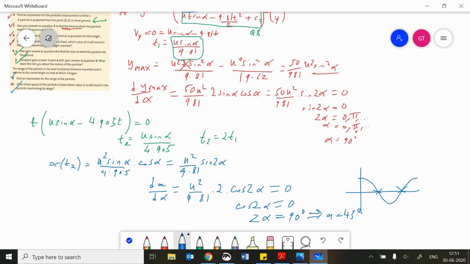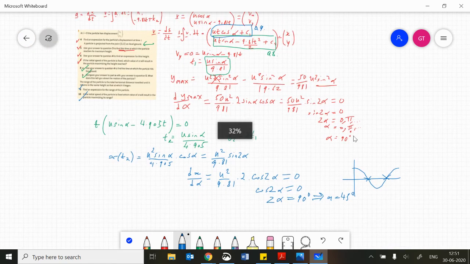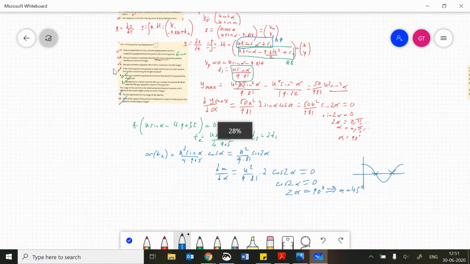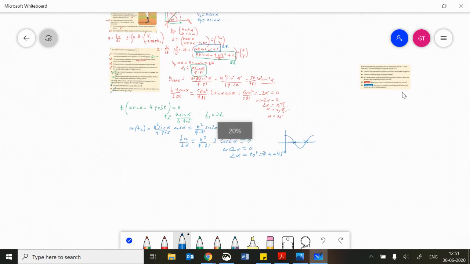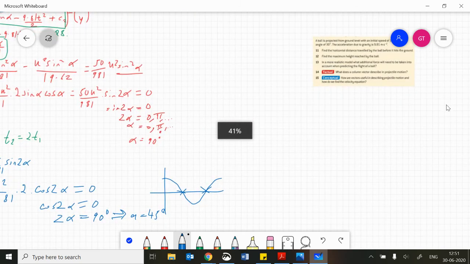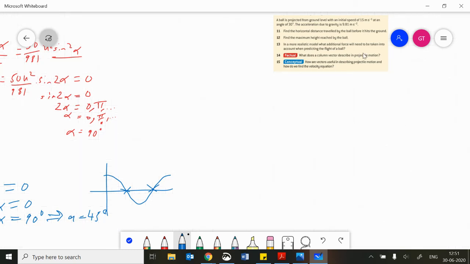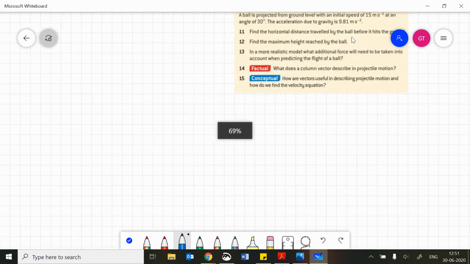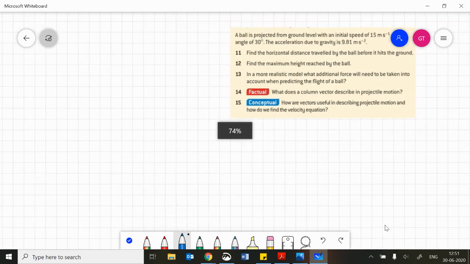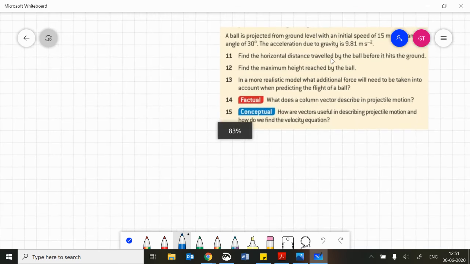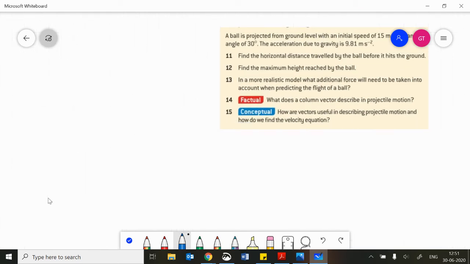Phew. Okay, so there's actually more to this. Let's zoom out over here and zoom in to this one here. So number 11 says a ball is projected from the ground.